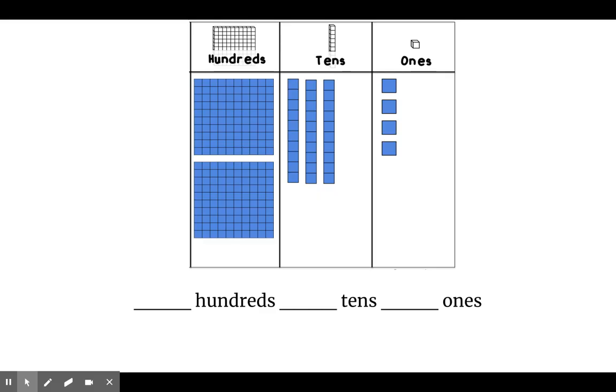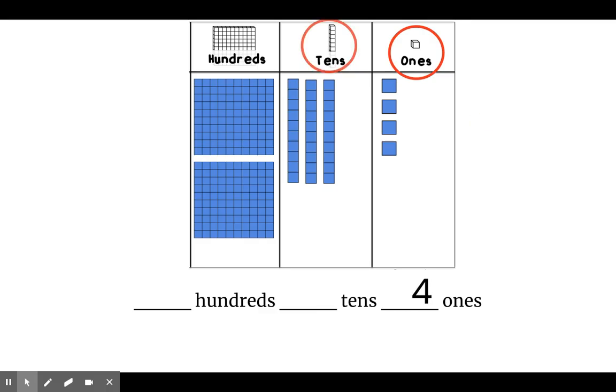Let's go back to our place value chart. Here are our blocks again. 2 hundreds, 3 tens, and 4 ones. I want you to tell me, how many of each number do I have? Let's start with ones. How many ones place value blocks do I have? 4.